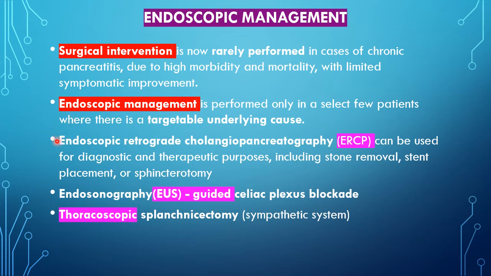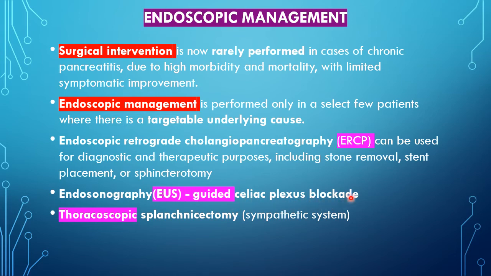Endoscopic retrograde cholangiopancreatography or ERCP can be used for diagnostic and therapeutic purposes, including removal of stones from the pancreatic duct, stent placement, or sphincterotomy to relieve the obstruction. Endosonography or EUS is another method being used nowadays, used as a guide to block the celiac plexus to reduce pain.